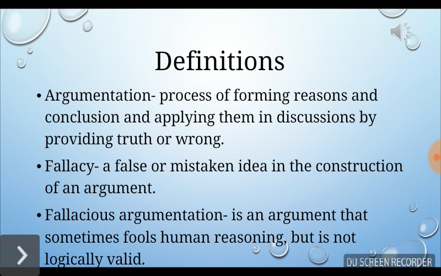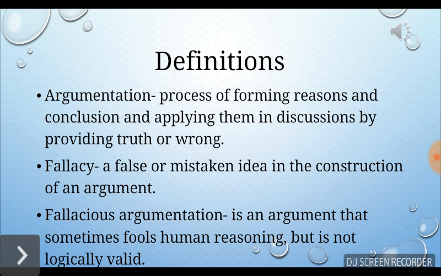Before that, since we are in the topic of argumentation, I have to define what argumentation is. Argumentation is basically a process of forming reasons and conclusions and applying them in discussions by providing truth or wrong. Now we have this word fallacy.